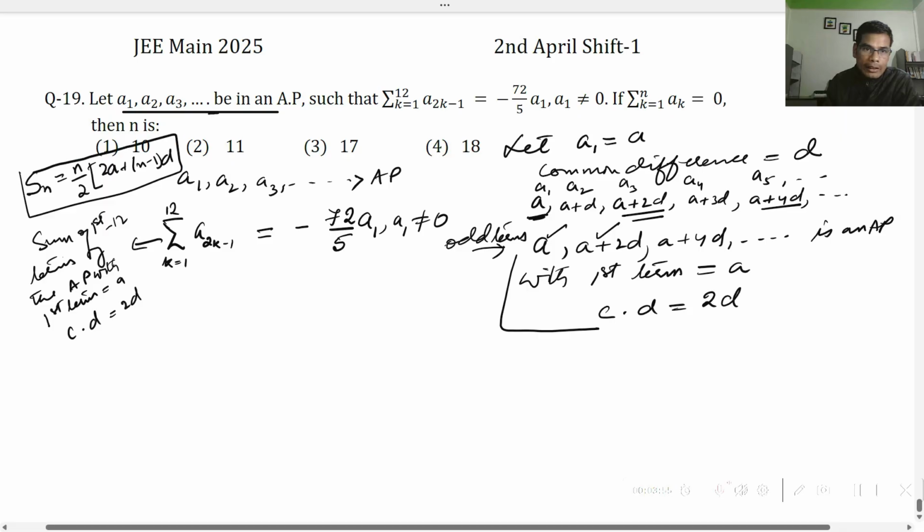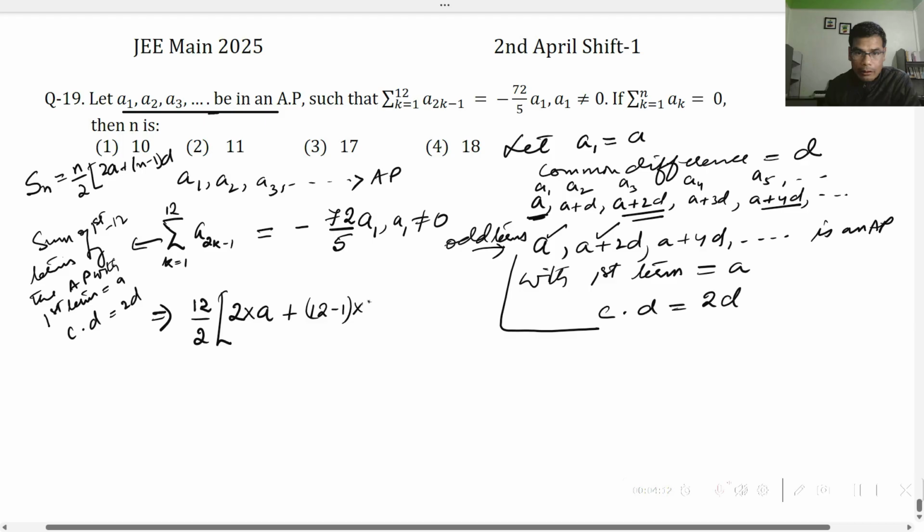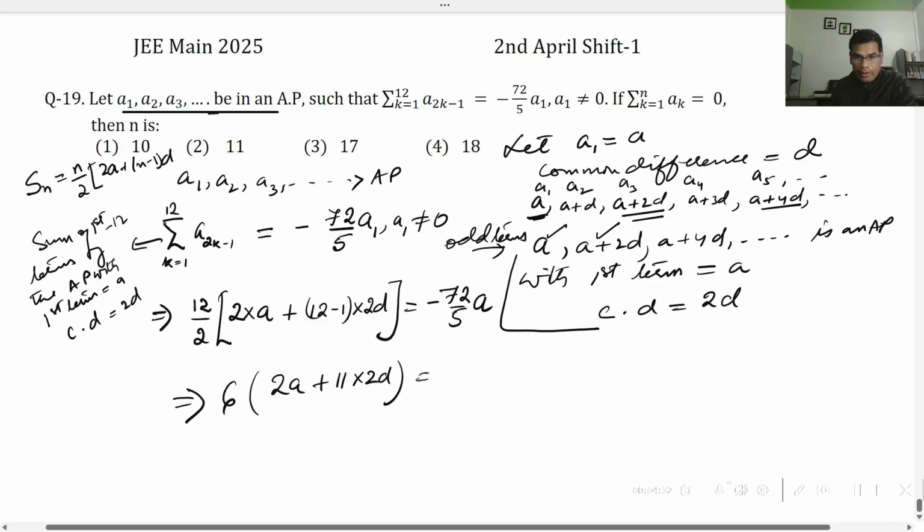Applying this formula here, n is 12, so 12 by 2, then 2 times the first term, which is A, plus n, in this case 12, minus 1 into the common difference, which is 2D. This whole thing is equal to minus 72 by 5 A. So this equals 6 into, twice A plus 11 into 2D, which is equal to minus 72 by 5 A.